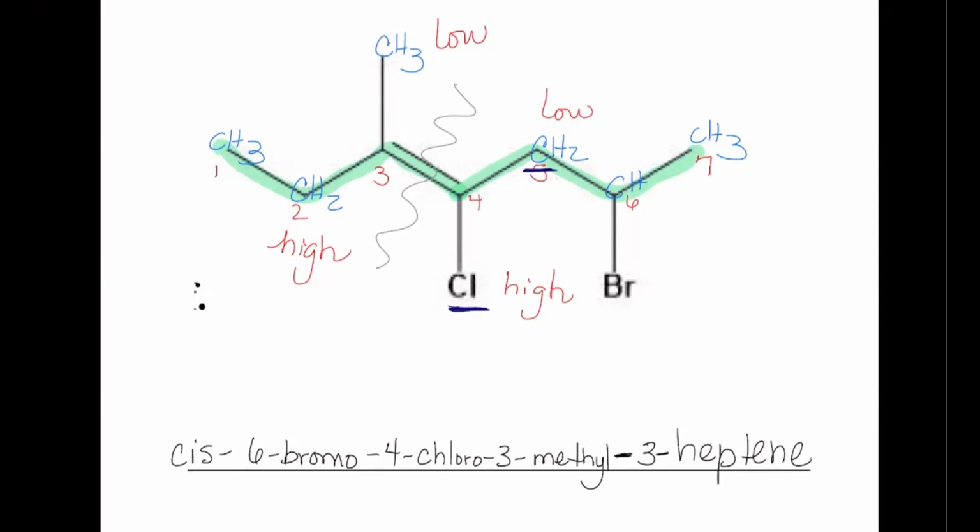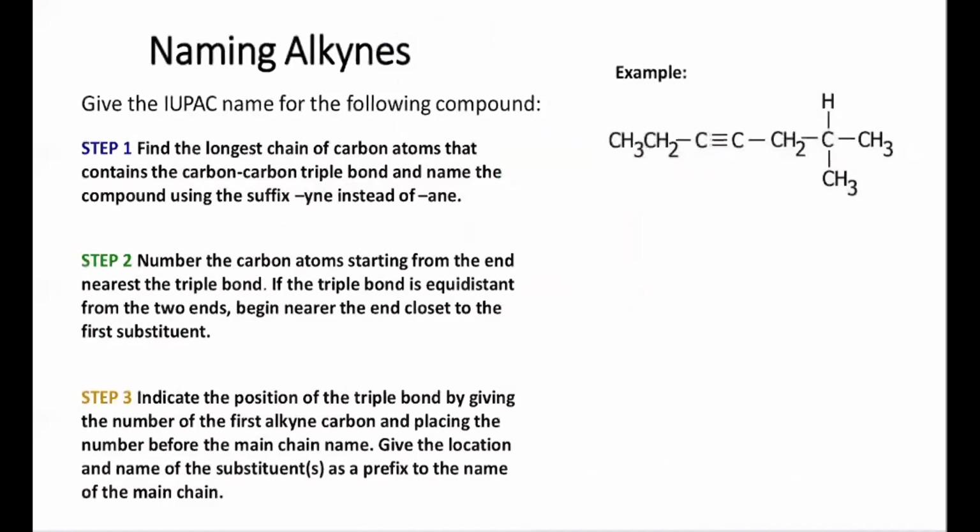Since there are no questions, let's now move on to talk about alkynes, which is when we have carbon-carbon triple bonds, okay? So the rules for alkynes are very similar to the ones that we discussed in alkenes. We're gonna find the longest carbon chain that contains the carbon-carbon triple bond.